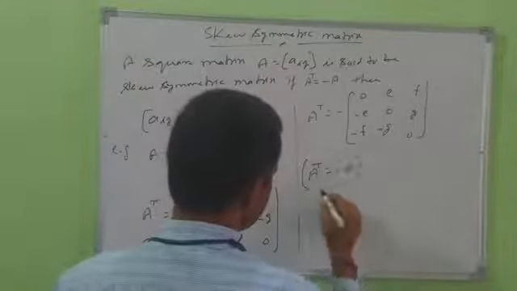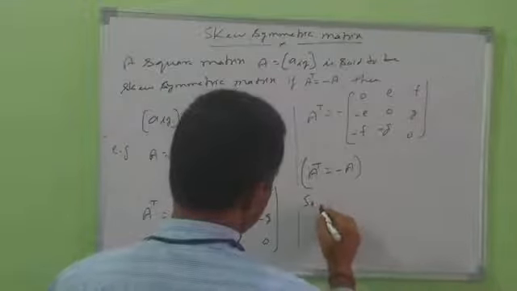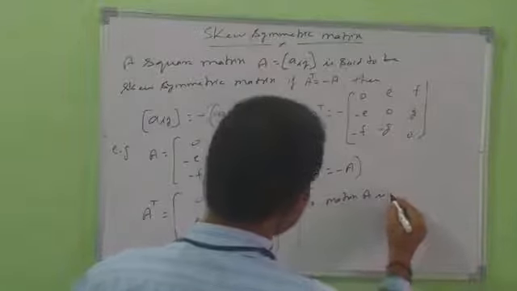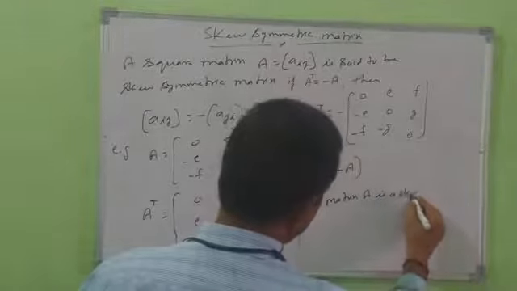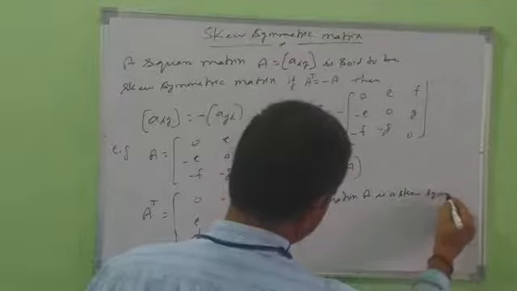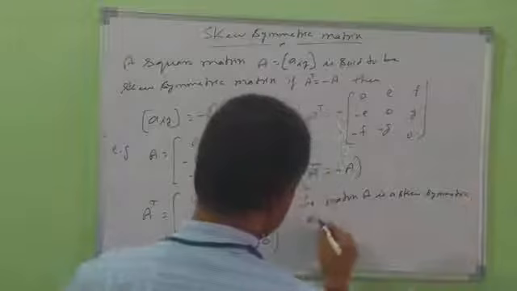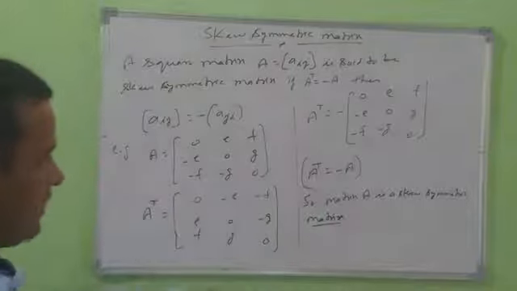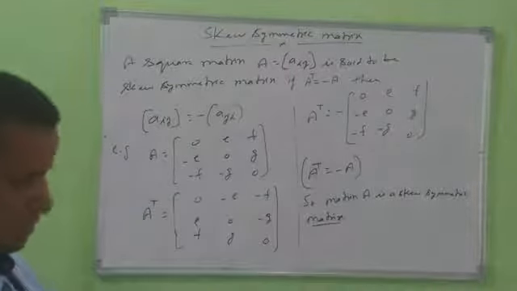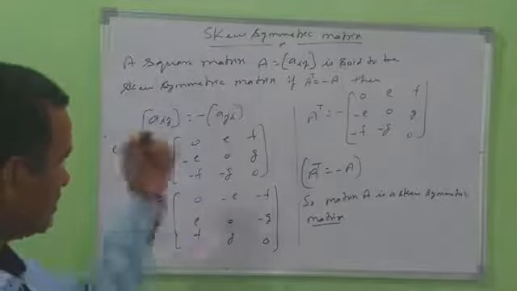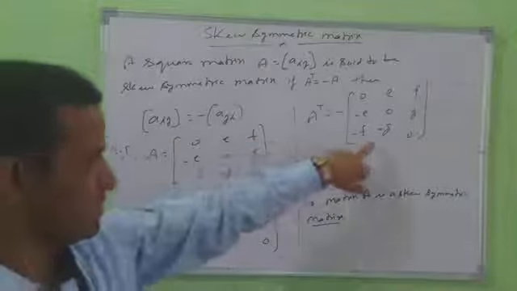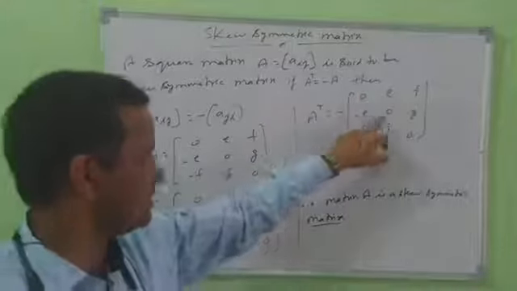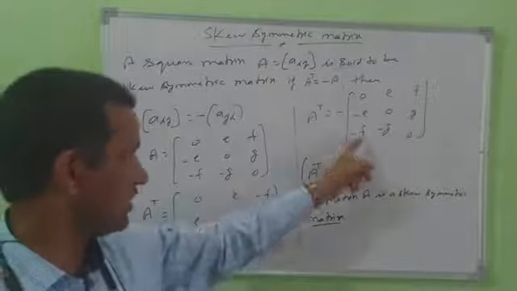This condition is followed here, so you can say matrix A is a skew symmetric matrix. Now check: this matrix and this matrix are the same, 0, e, f; minus e, 0, g; minus f, minus g, 0.